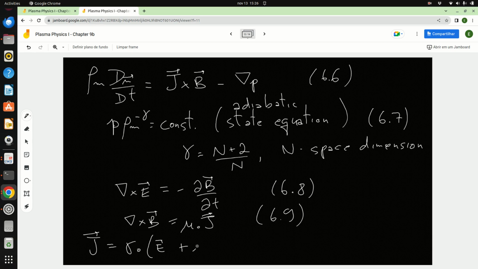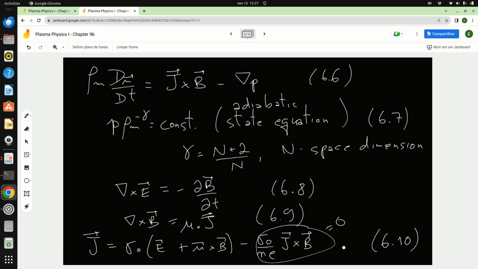Simplified Ohm's law. We include the whole term here, but usually it's not used in the most simplified form. So this is whole, and sometimes this is equal to 0. Okay, it's dropped from the equations.